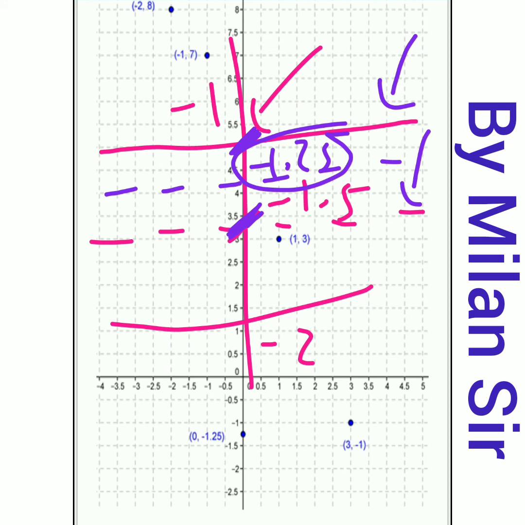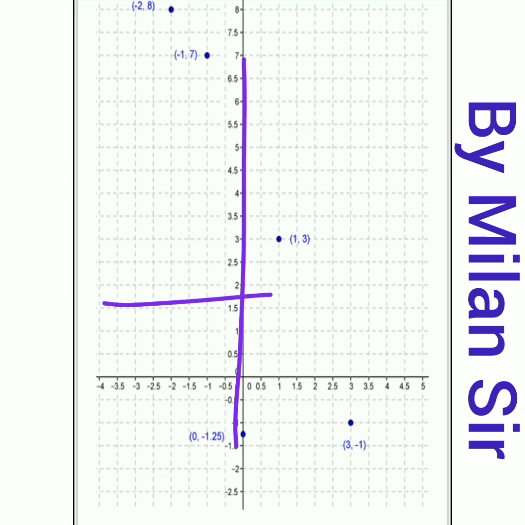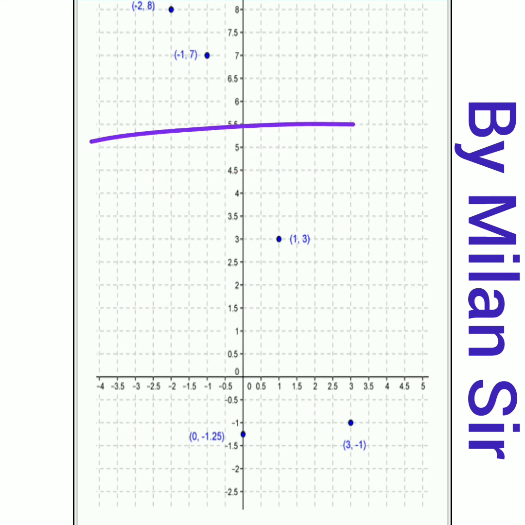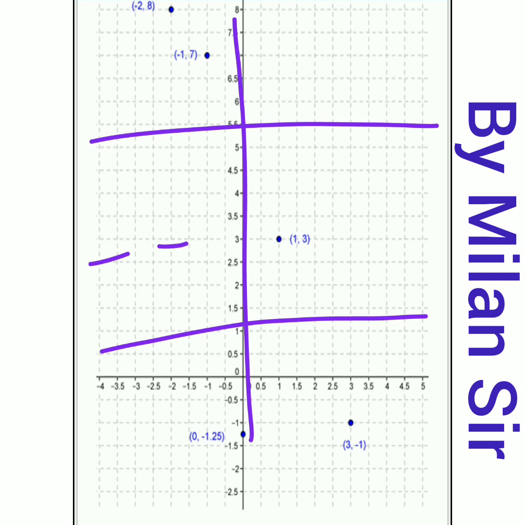Again I repeat this: if you have two dark lines and in between one light line, here you have minus 1, minus 2, so this point represents minus 1.5, the midpoint.